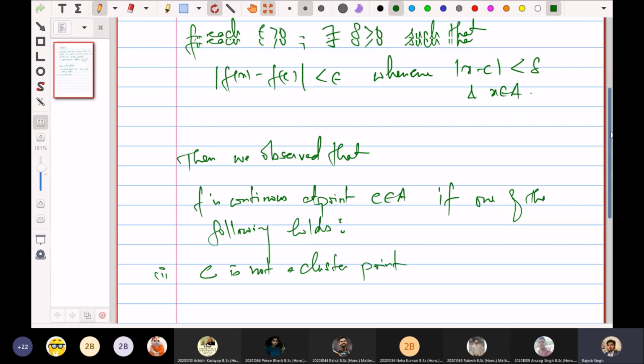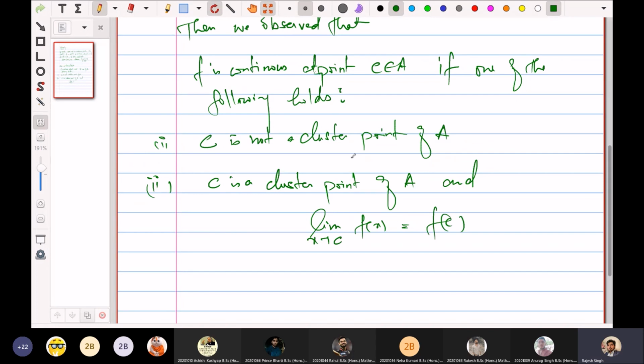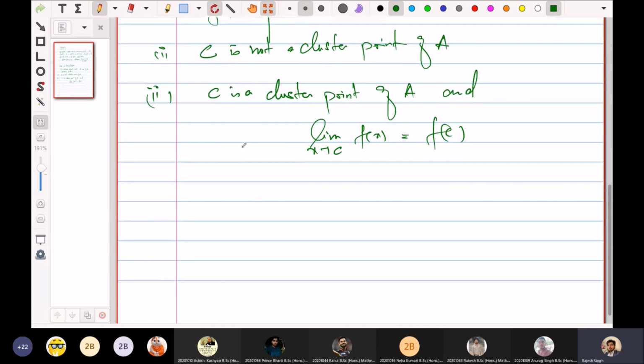And second, if c is a cluster point of A, then the limiting value should equal the value of the function, that is, limit x tends to c f(x) is equal to f(c). So remember this fact: f is continuous at some point c belonging to A if and only if one of the following holds. Either c is not a cluster point of A, or if it is a cluster point, then the limiting value should be equal to the value of the function.